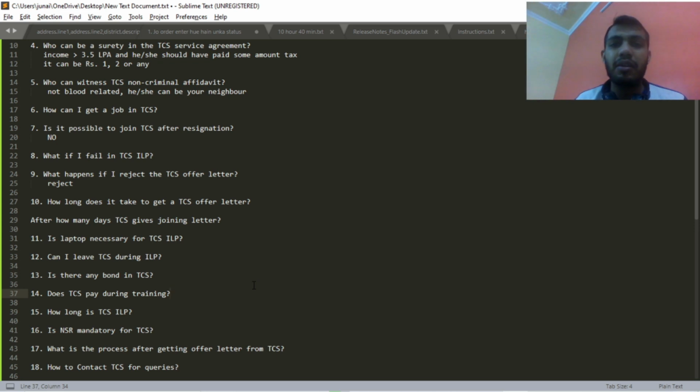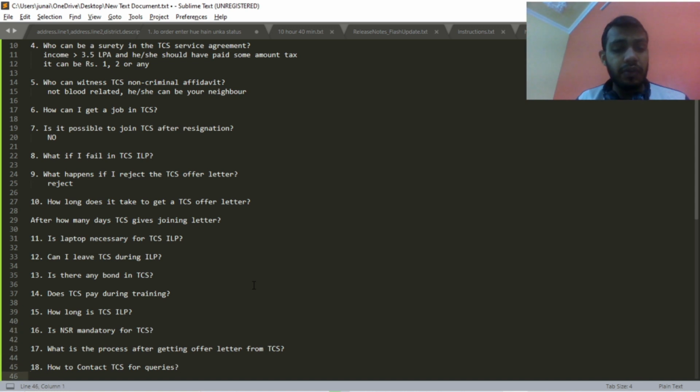Other companies like Wipro and Infosys say 3.5 lakh per annum, but generally they are the same, because TCS pays your PF and they do not. How long is TCS ILP? It's 1 year long. Is NSR mandatory? Yes. NSR is the National Skill Registry, which is mandatory for TCS, because you have to submit it in TCS.